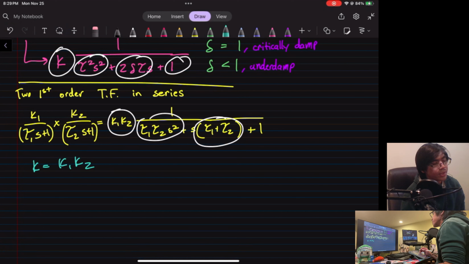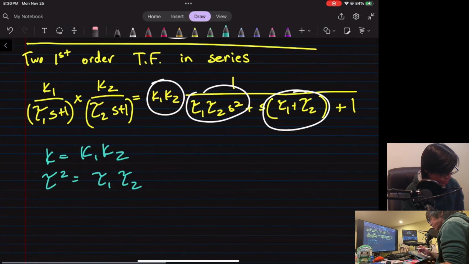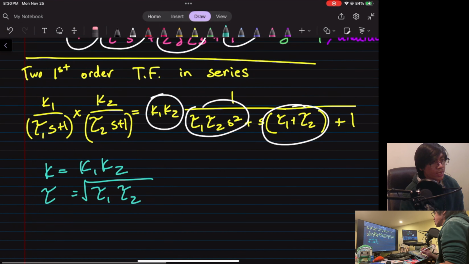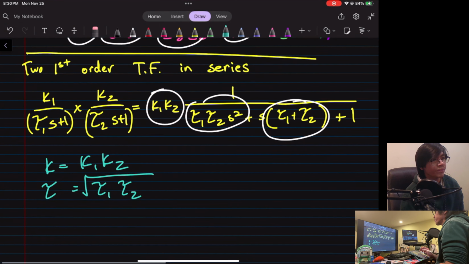That's right, 2 zeta j omega. I don't think I need to. So the first one will be tau squared equal to tau 1, tau 2. And this is called the geometric mean when we take the product of the two and take the square root. So I just moved the square to a square root, took the square root of both sides essentially.